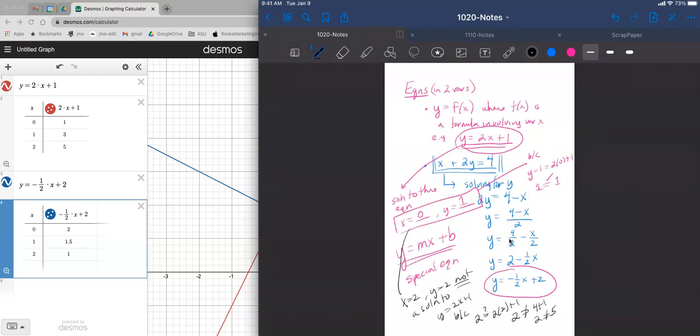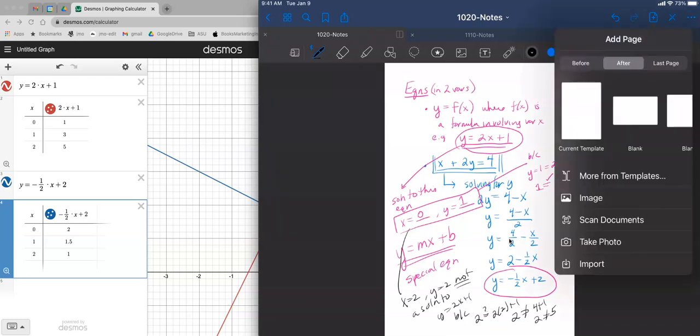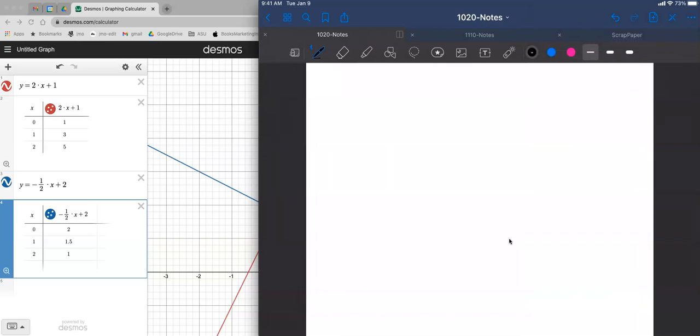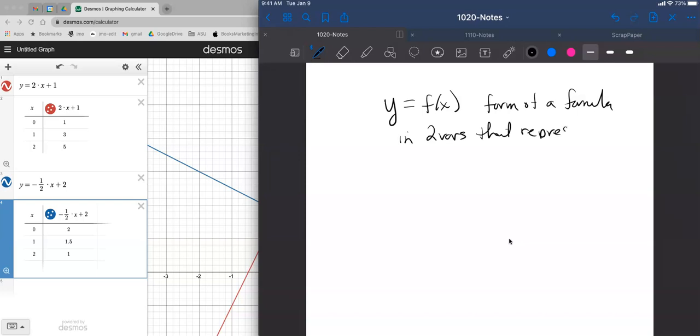So there we have two different equations given, and one can rearrange them so that they are both functions of x. What I mean by a function of x is that we say y = f(x) is the form of a formula in two variables that represents y as a function of x.